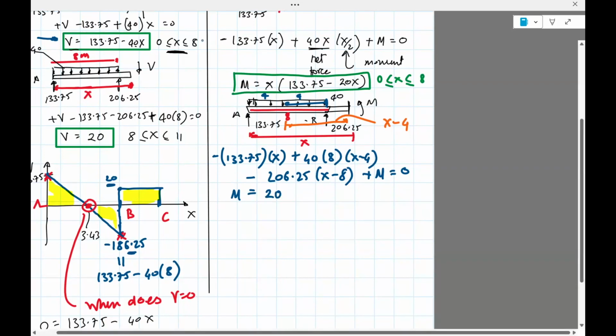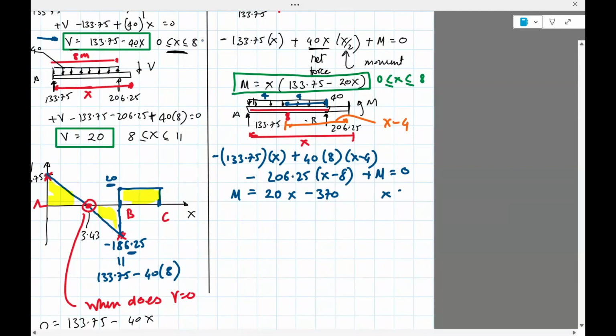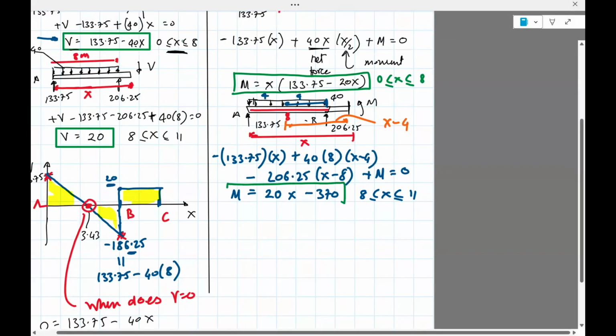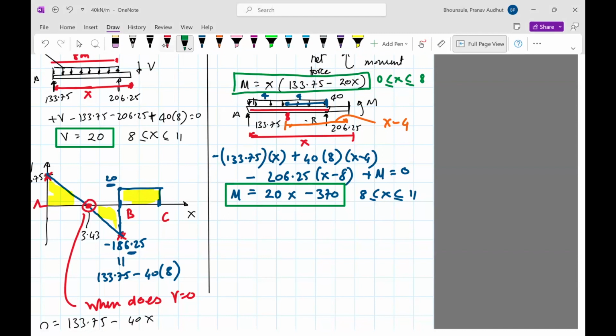It's 20x minus 370. Okay, so with that, we can now draw the bending moment diagram.